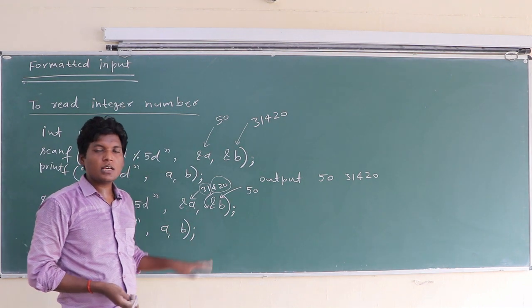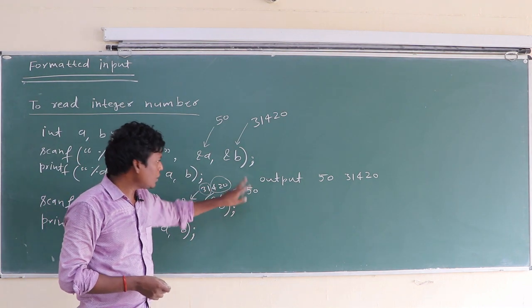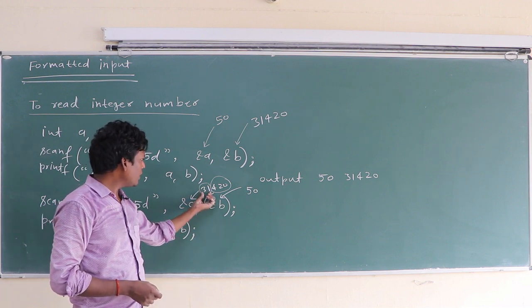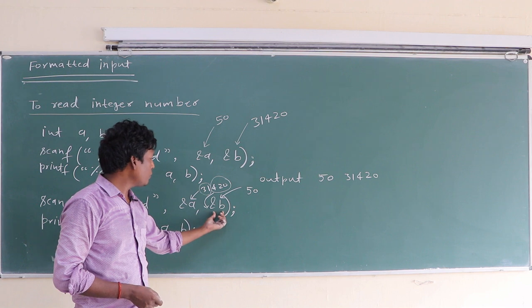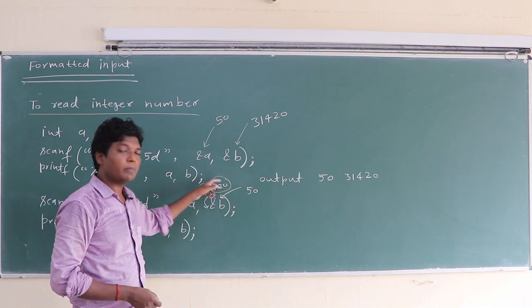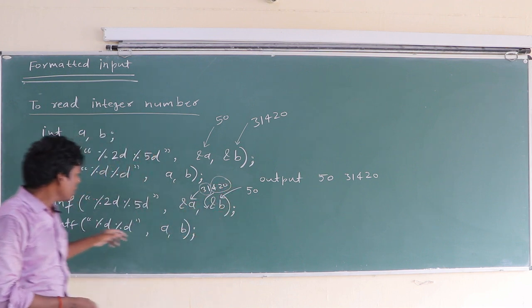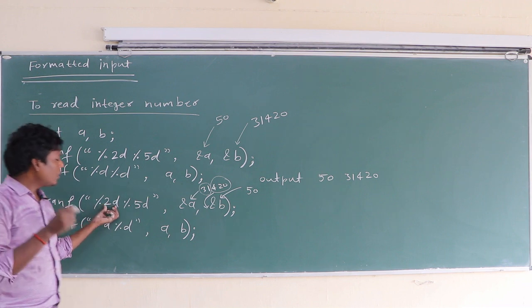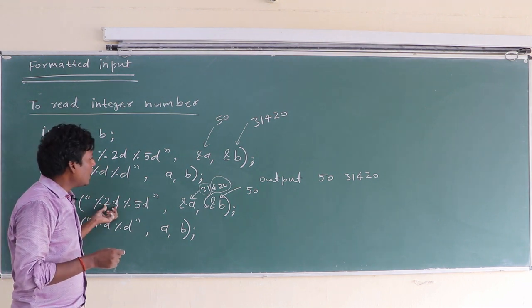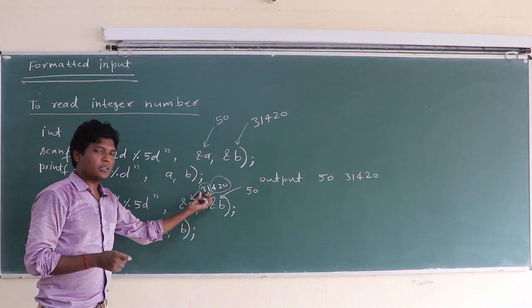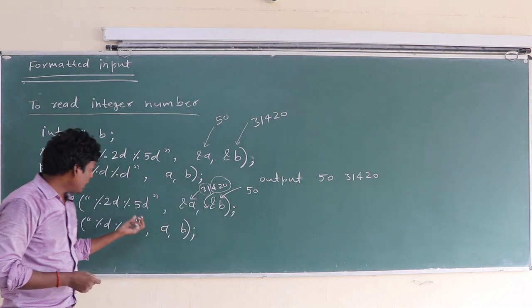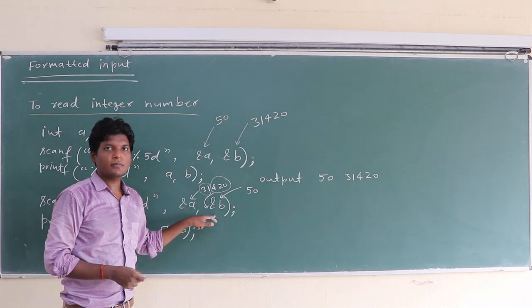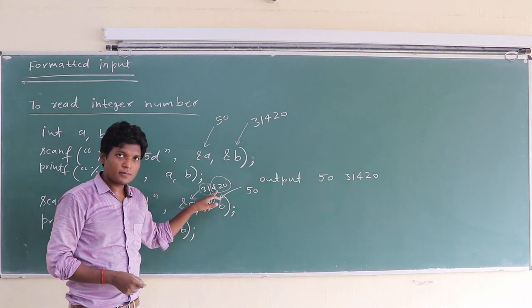No doubt the user has input two numbers, but scanf reads 31 to a and 420 to b from the first number, because it is in sequence.